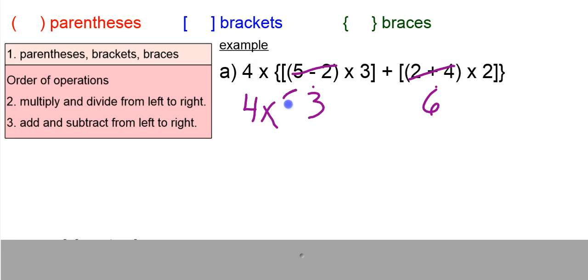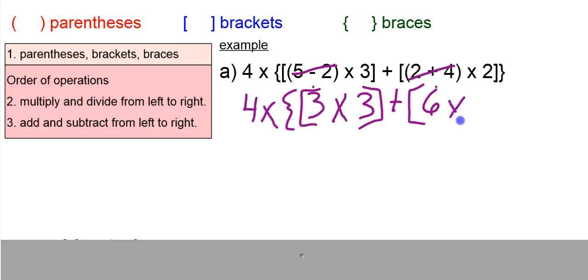We still have the braces and the bracket. I still have my times 3, this part here, which also is in a bracket. I still have my plus symbol. I still have my bracket. I still have my multiplication symbol in that bracket and the brace.